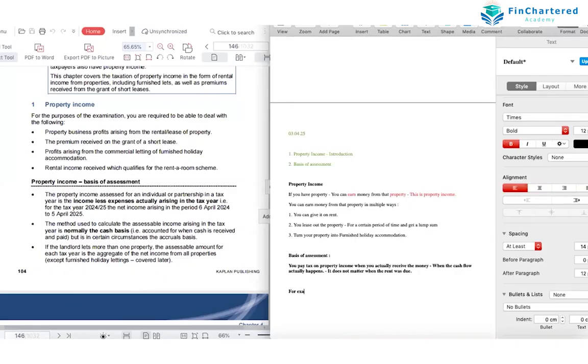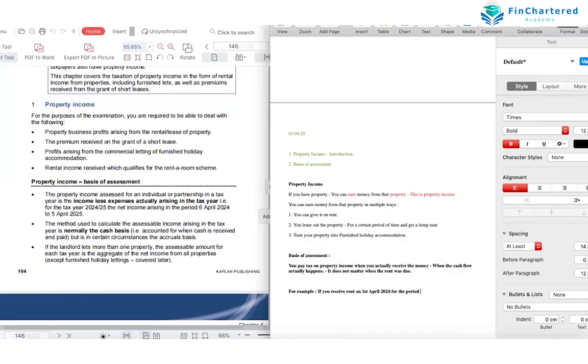for example, if you receive rent on, say, 1st of April 2024, for the period, for which period?